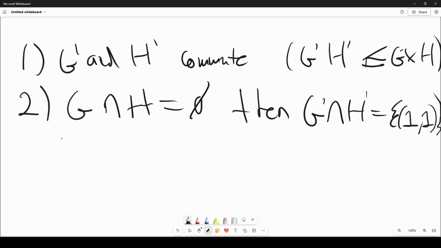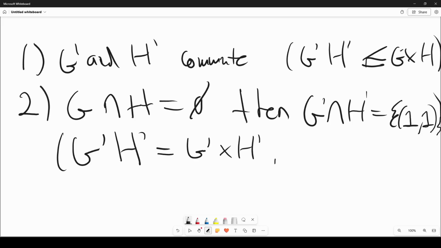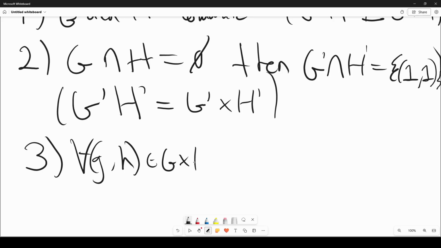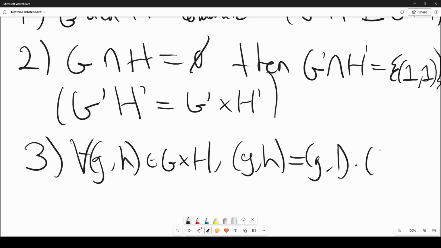And so, this tells me that G prime H prime is going to have the same size and is actually going to be equal to my direct product, G prime cross H prime. And finally, for all elements (g, h) in G cross H, I can write (g, h) as a product of G prime and H prime: (g, h) equals (g, 1) times (1, h), where this is in G prime and this is in H prime.